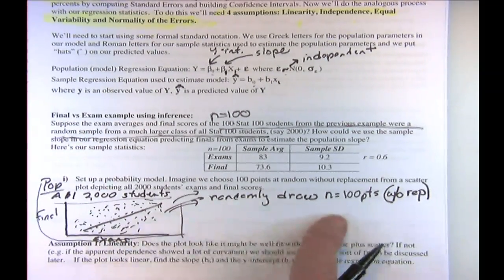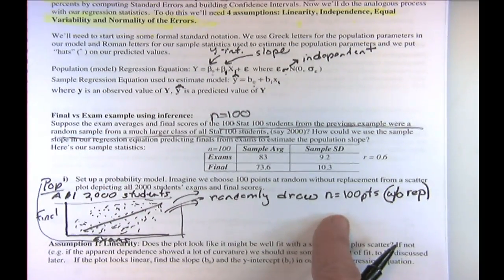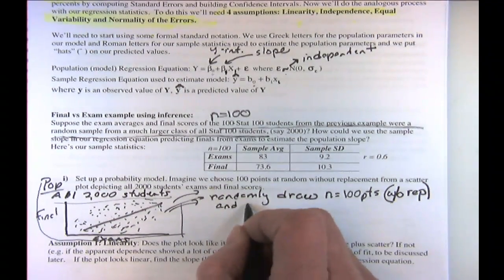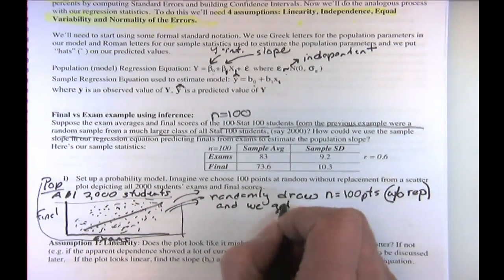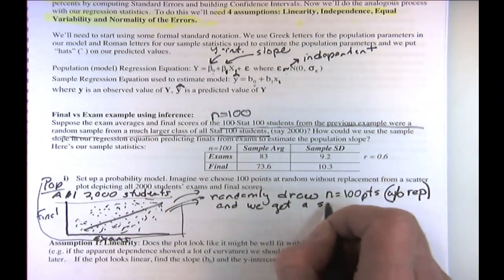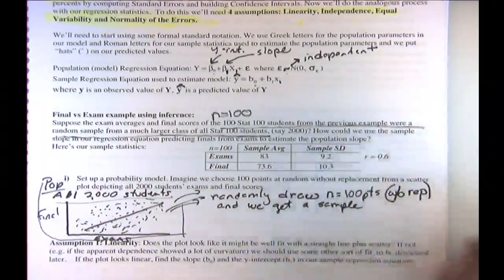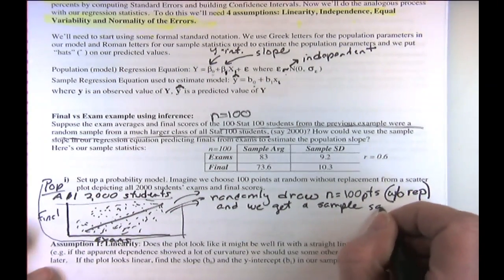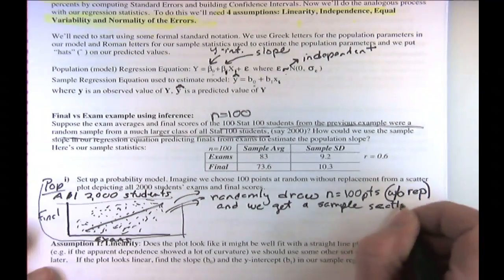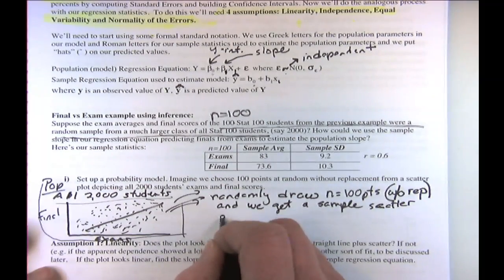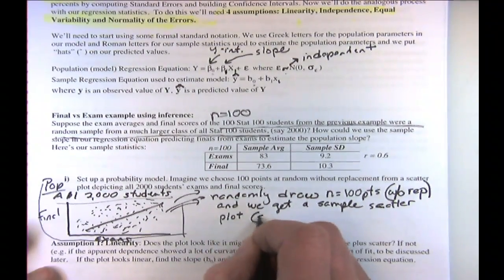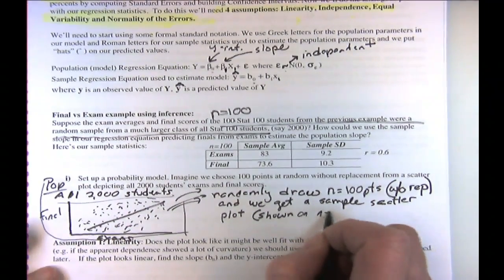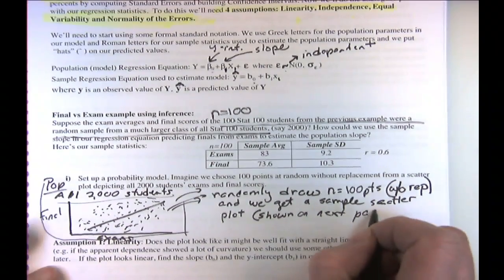All right, so we're randomly drawing these 100, and we get a sample scatter plot. And that's where we get these statistics from. It's shown on the next page, so we can look at it.